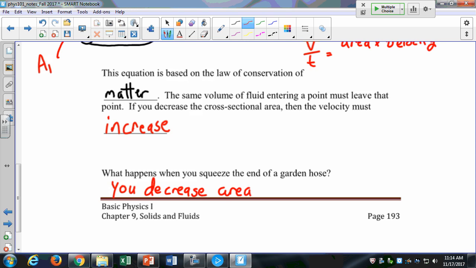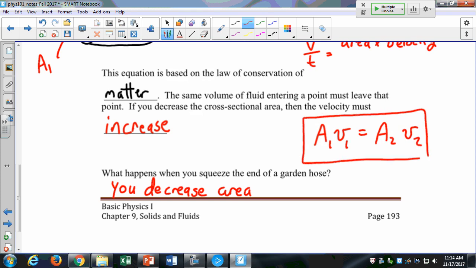Let me write the equation of continuity. We haven't actually written an equation, but the equation of continuity says that the volume flow rate remains the same. So the volume flow rate is area times speed. So A1 V1 is equal to A2 V2. That is the equation of continuity.